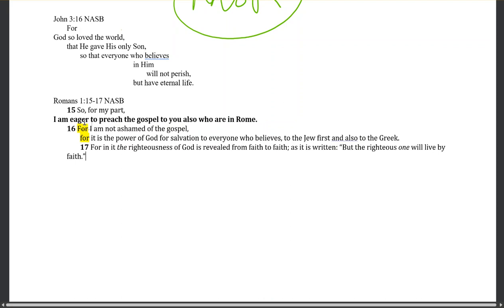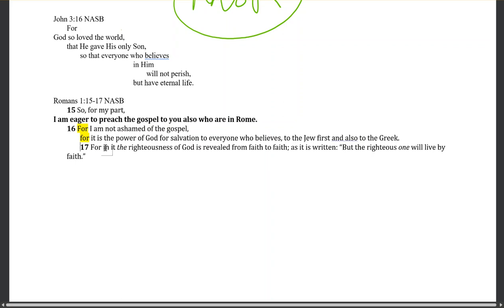Okay? Because I am not ashamed of the gospel. Why are you not ashamed of the gospel? Because the gospel is the power of God for salvation to everyone who believes, to the Jew first and also to the Greek. Why is that so?